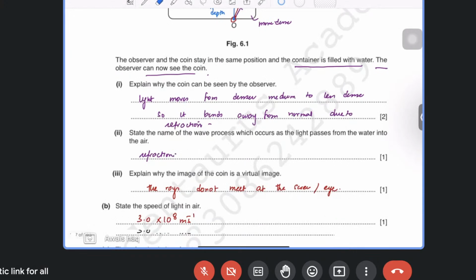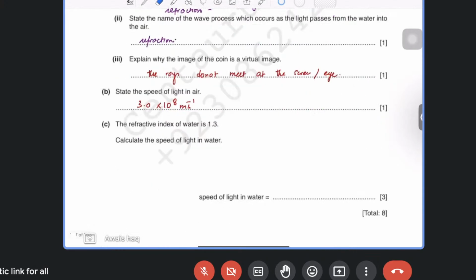Then it says the refractive index of water is 1.3 and calculate the speed of light. So you know that the refractive index formula is speed of light in air or vacuum divided by speed of light in medium.